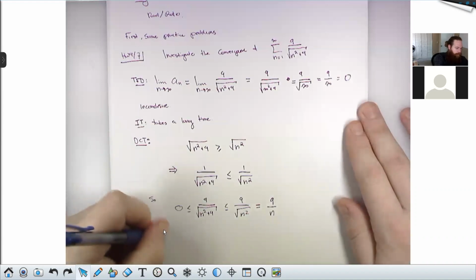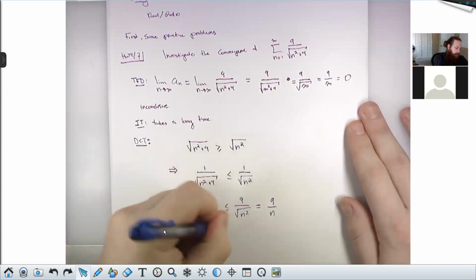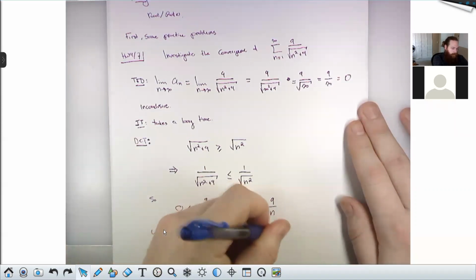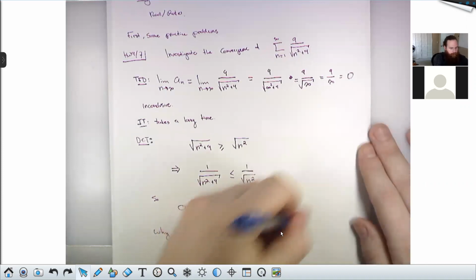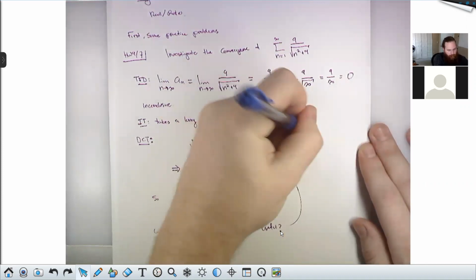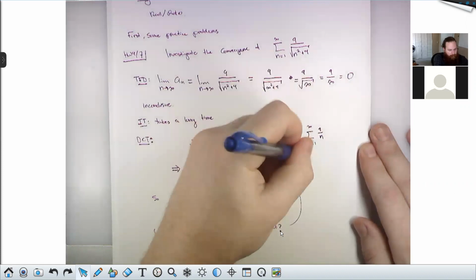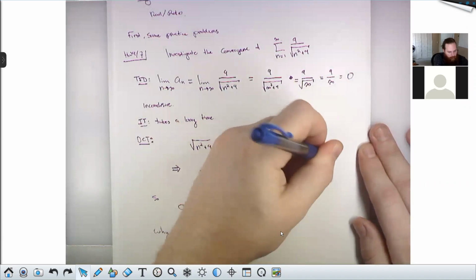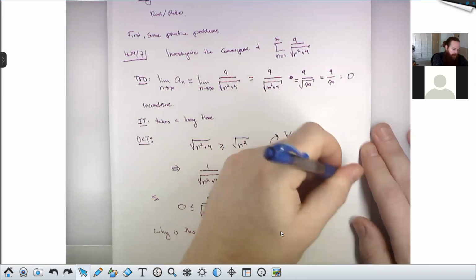Why is this, while true, not useful? Yeah, because if I sum the thing on the right, because sigma 9 over n summed from 1 to infinity is equal to 9 times sigma n from 1 to infinity, 1 over n is a divergent series.